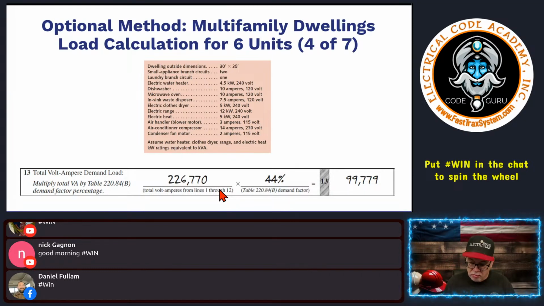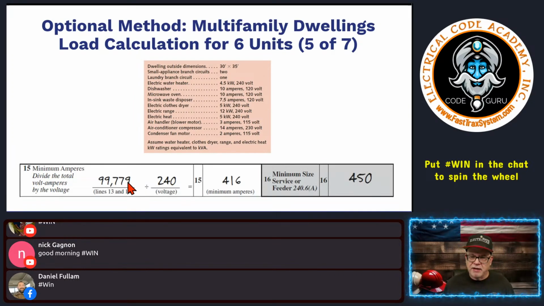So if it was 99,778.8 divided by 240, it wouldn't make a difference. You're still going to be rounding it up, whether I rounded it up here or here, it just doesn't matter. So 416, okay?